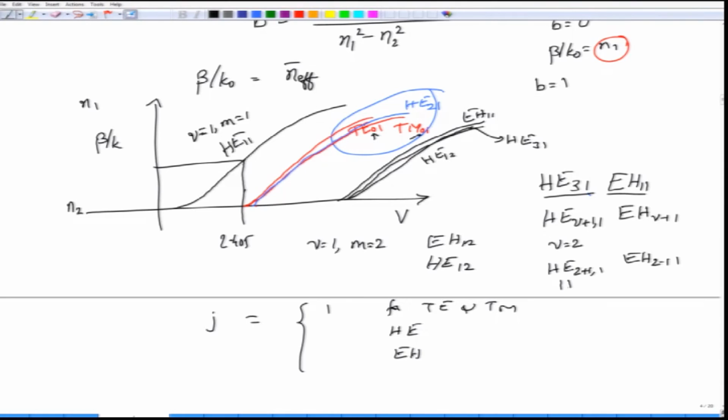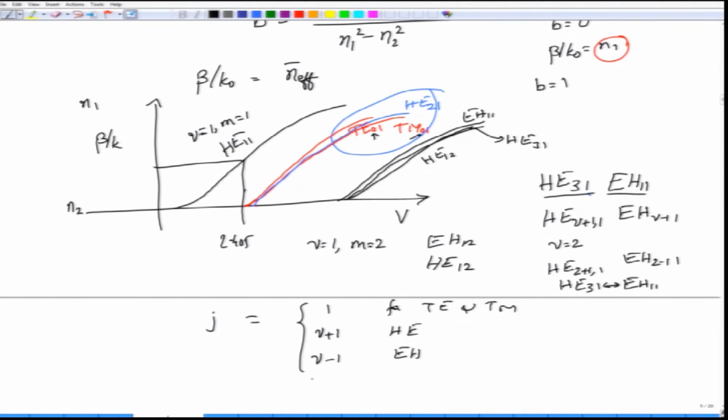HE2 plus 1 is nothing but HE31 and this is nothing but EH11. So, these are the ones which are coupled. Okay. So, I am looking at coupling of HE nu plus 1 and EH nu minus 1. So, these are the ones which I am looking at coupling, and I have defined a new parameter j which would actually reflect this particular condition.